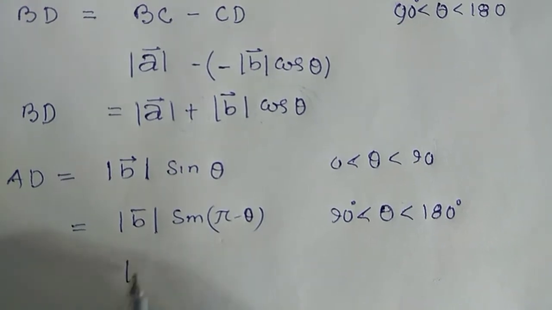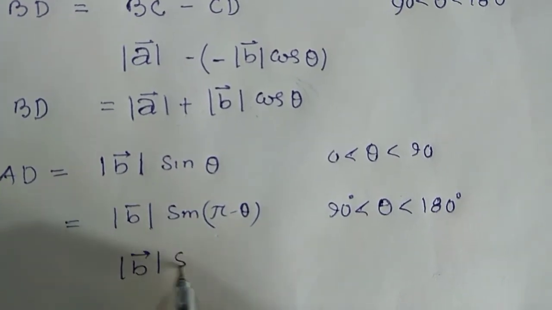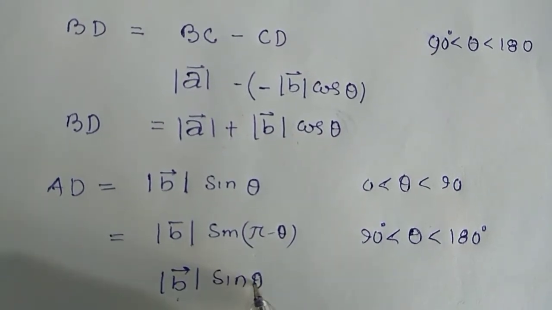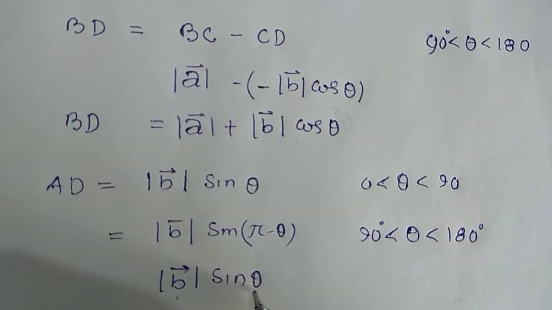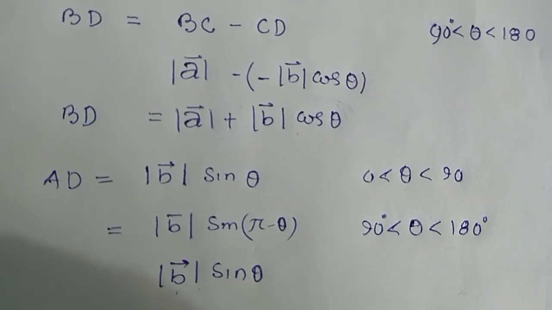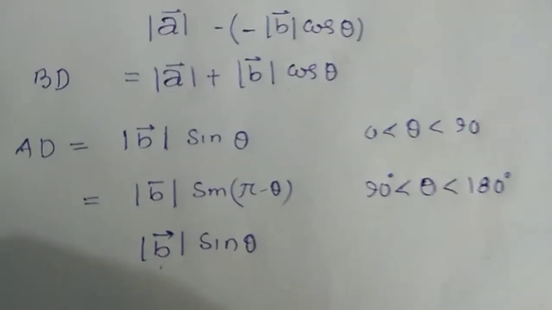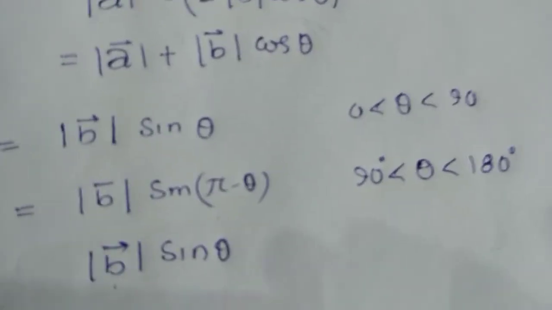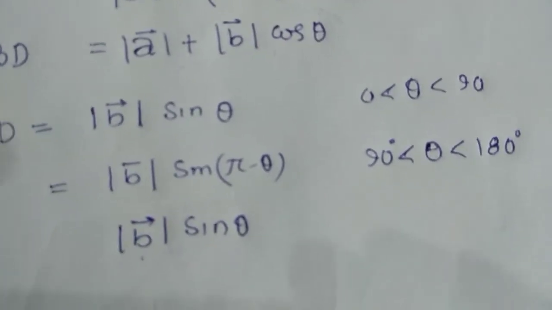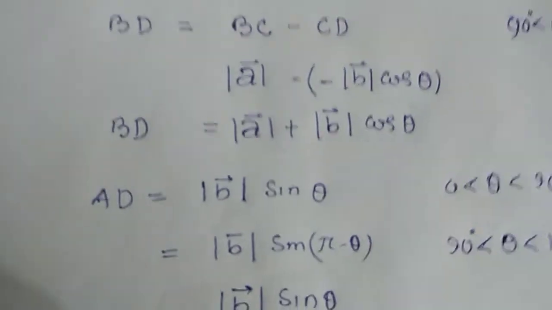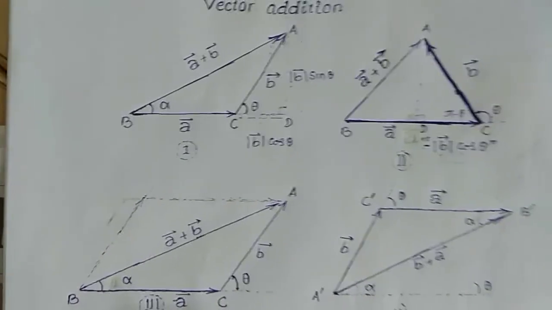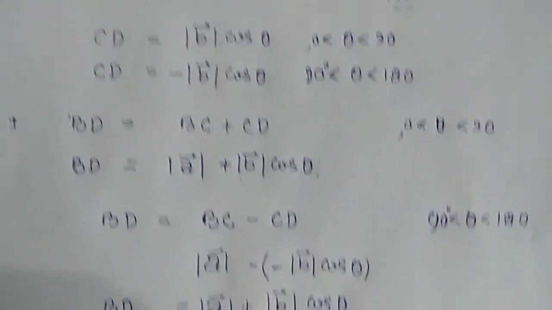Clearly, you see here this will be again sine of theta. Here it is positive because theta is in the second quadrant, and the sine of an angle in the second quadrant will be positive. So this is actually a magic of mathematics.